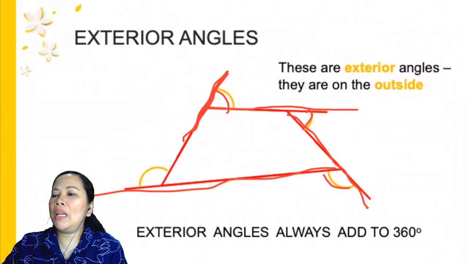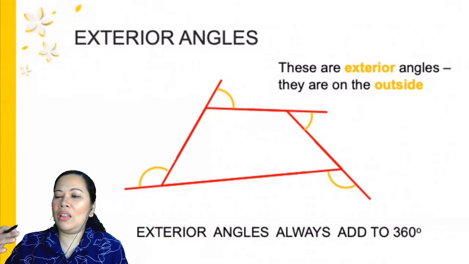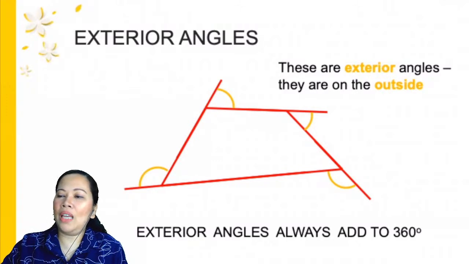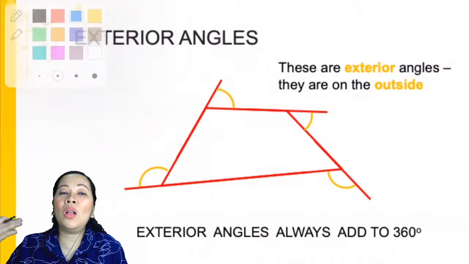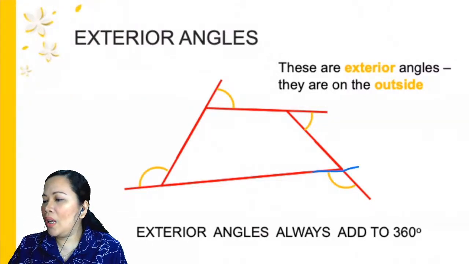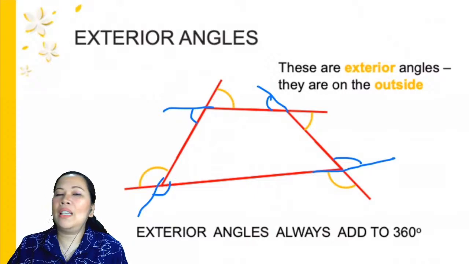You might ask, teacher, what if I want it the other way around? Yes, you can. It doesn't matter as long as it's all the same. If you draw it this way instead, it's still the same.